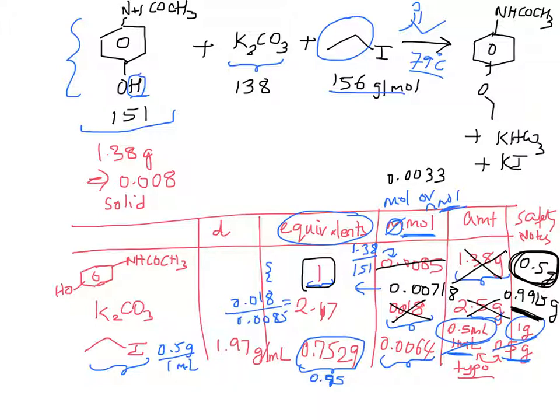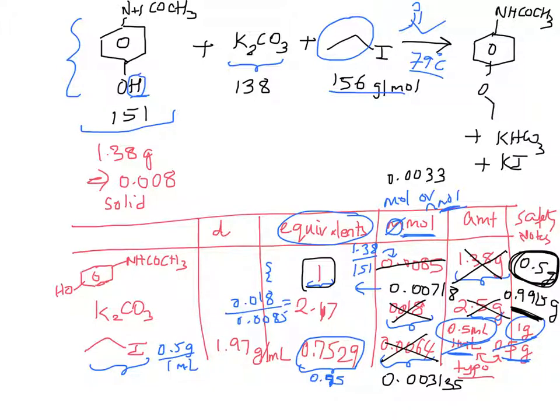I also asked you to increase the equivalence of the ethyl iodide just a tad bit. So that's about 0.95. So 0.95 times 0.0033. That comes out to be 0.003135.